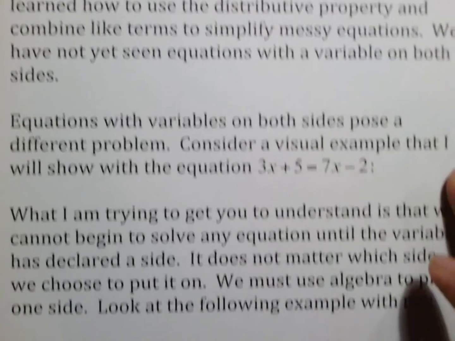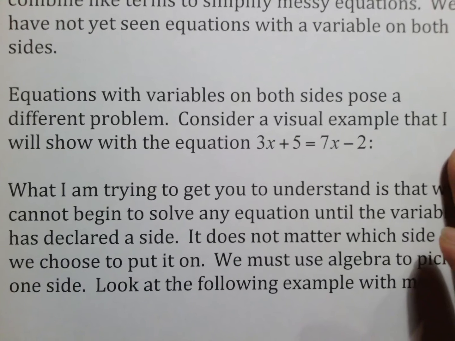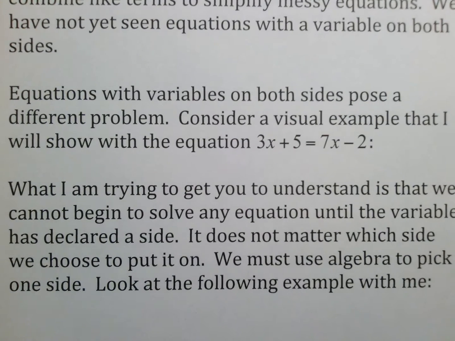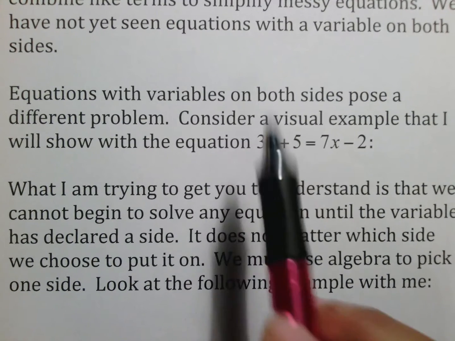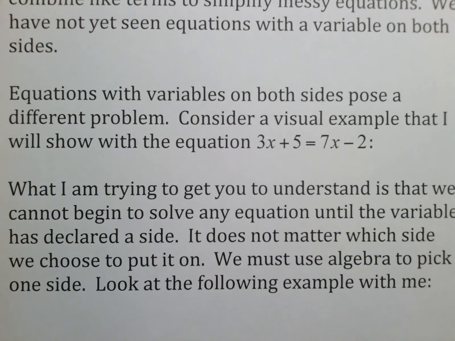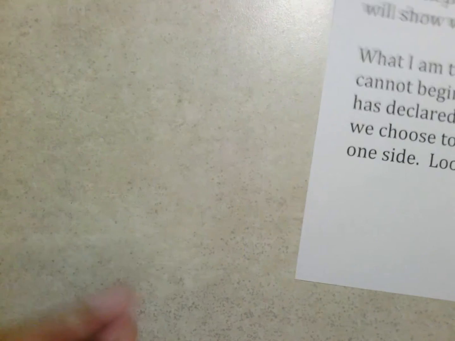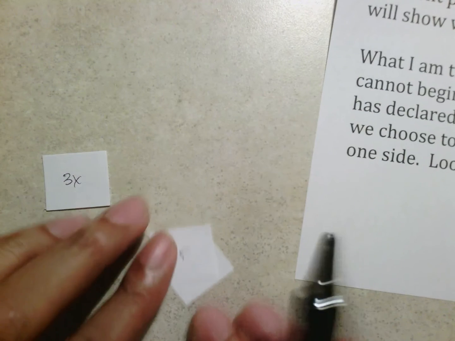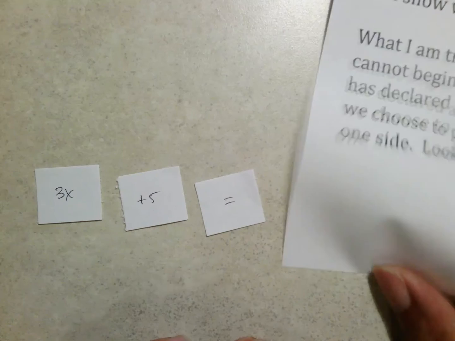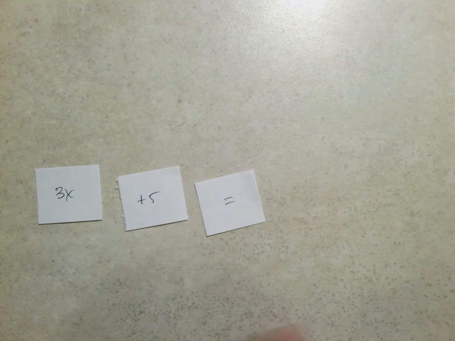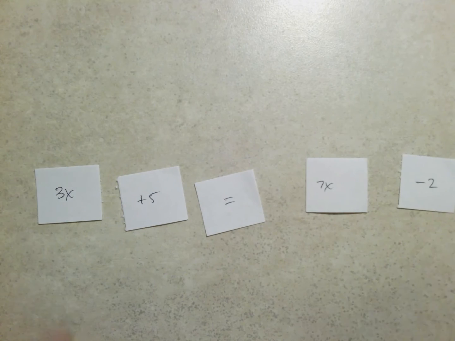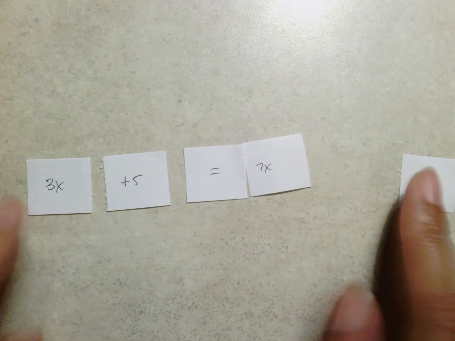It says equations with variables on both sides pose a different problem. Consider a visual example that I'll show you right now with the problem 3x plus 5 equals 7x minus 2. So let's say that you have this question here.